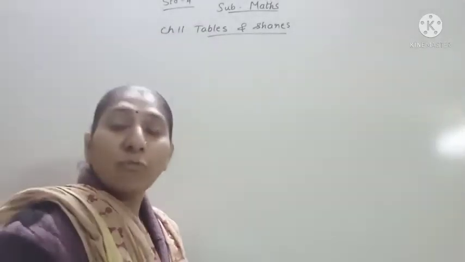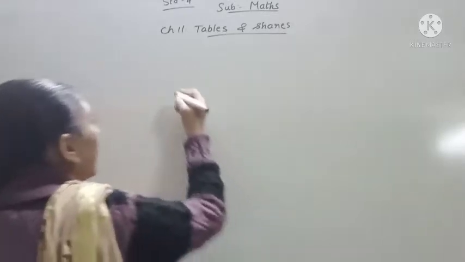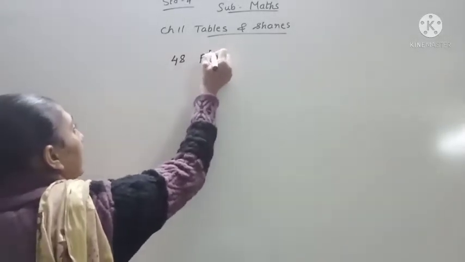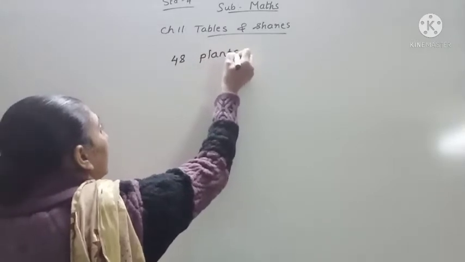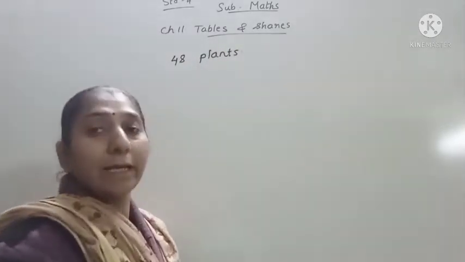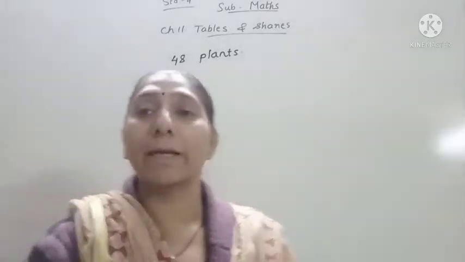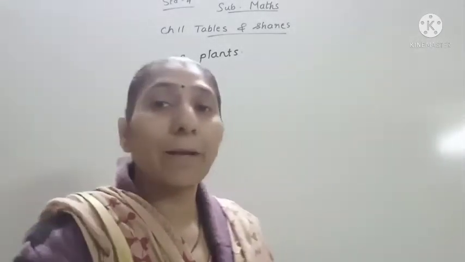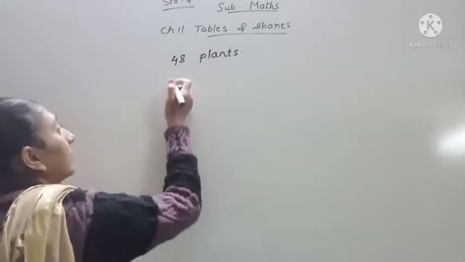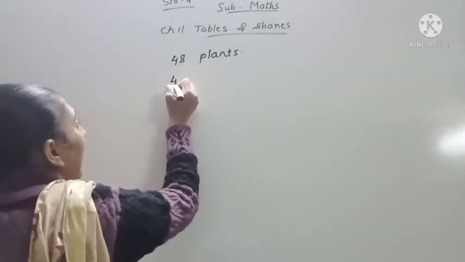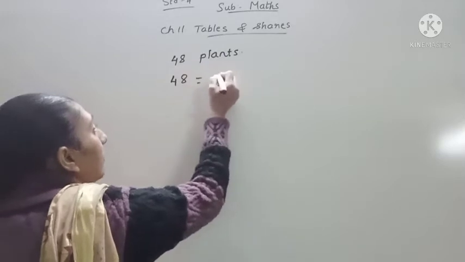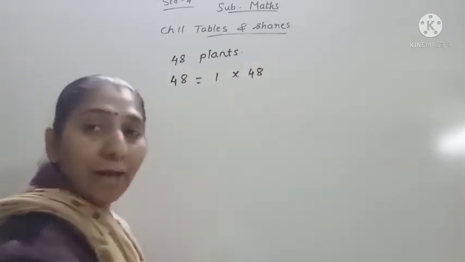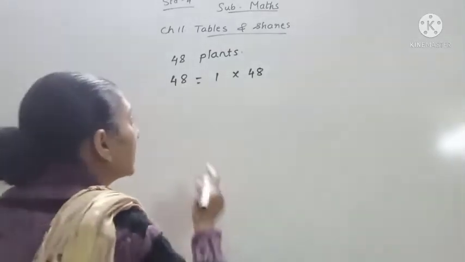So how can we arrange 48 plants? What are the different arrangements for 48 plants? We have to see which table 48 comes in. 48 comes in the table of 2. Firstly we can write 1 row with 48 plants.